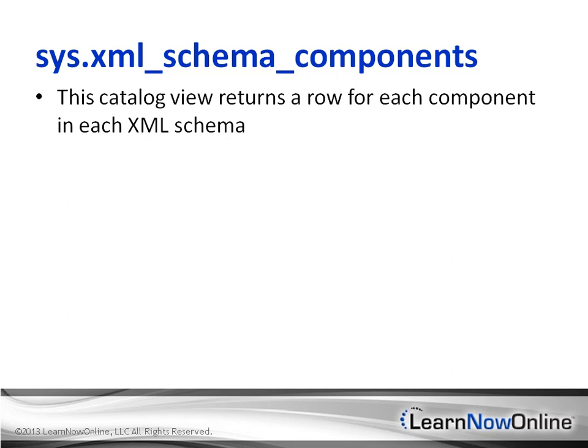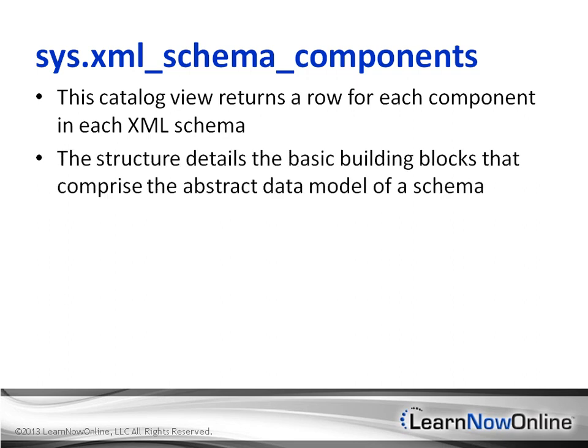The XML schema components catalog view returns a row for each component in each XML schema. That structure will detail the basic building blocks that comprise the abstract data model of the schema.